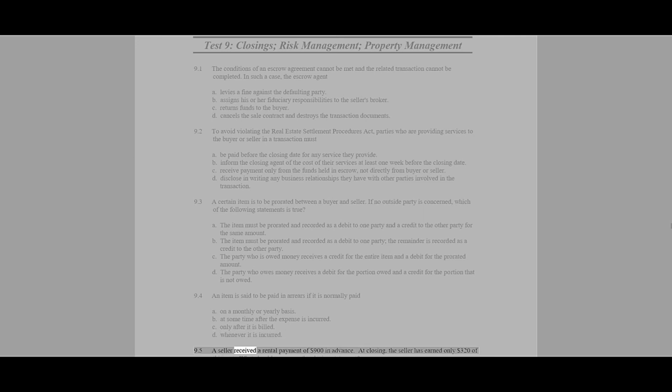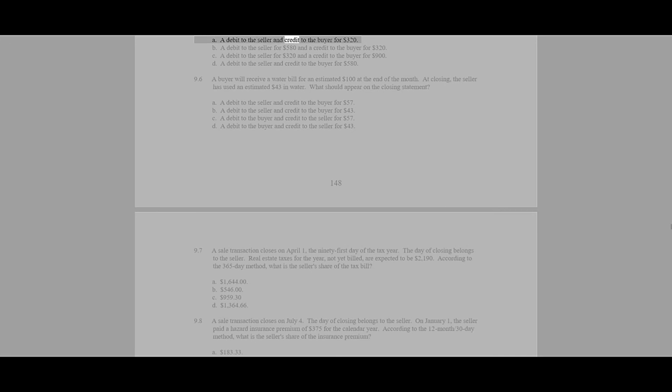9.5 A seller received a rental payment of $900 in advance. At closing, the seller has earned only $320 of this rent. What should appear on the closing statement? A. A debit to the seller and credit to the buyer for $320.